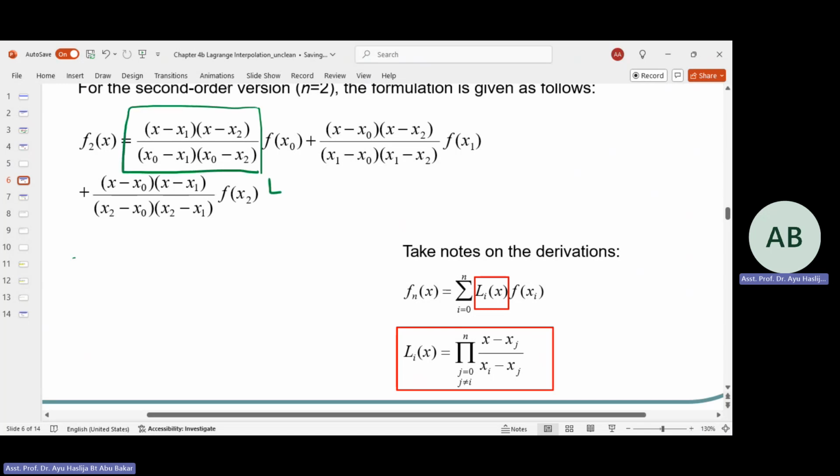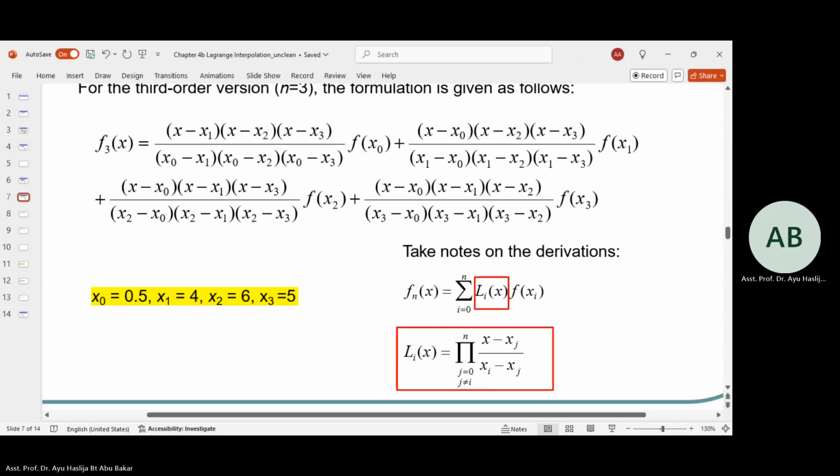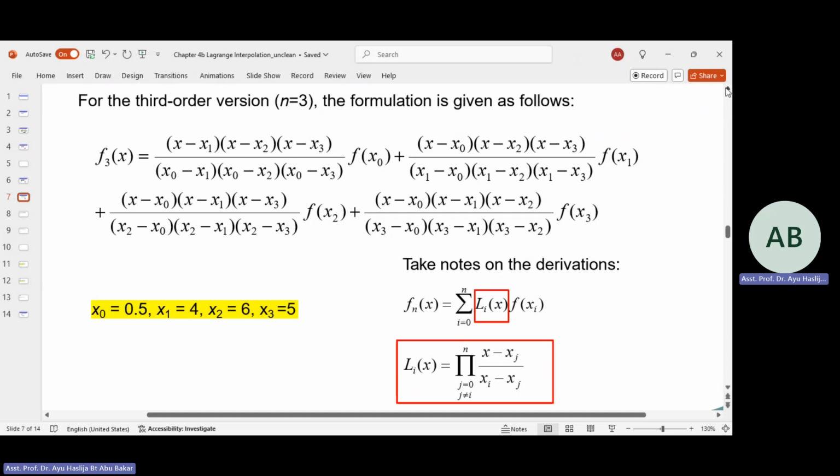This is L0, L1x. This is L2x. If third order, until L3.